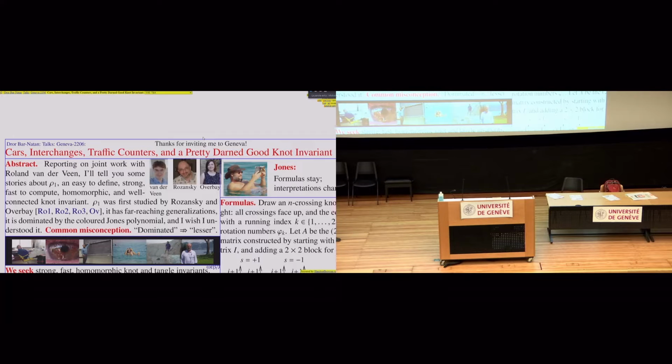Basically, I'm going to tell you that a certain invariant, rho 1, is very easy to define, and I take pride in that, because the easier something is, the better. It is also strong and fast to compute and homomorphic, and I'll have to explain what that means, and it is well connected to other parts of mathematics.